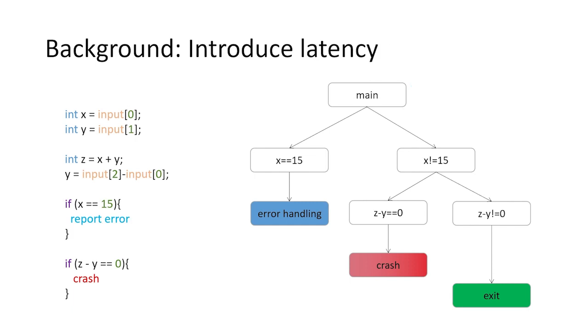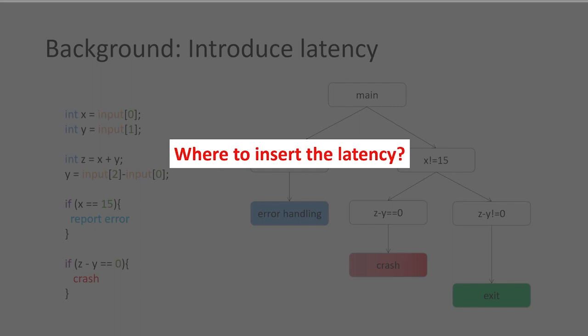The second category is to introduce latency. Introducing latency not only affects fuzzers but also normal users. The challenge is where to insert latency that only prevents fuzzing but has insignificant impact on normal users.